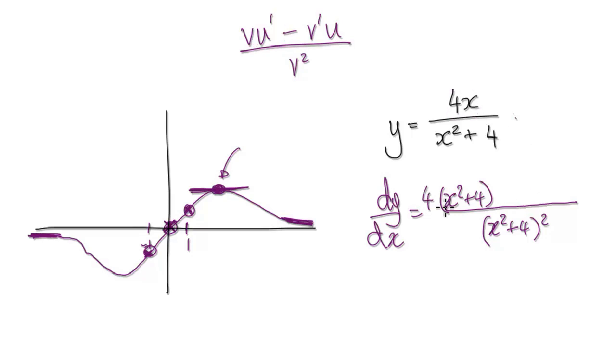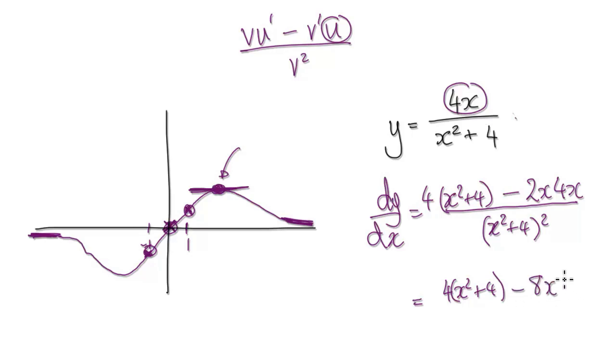Then minus v prime, so differentiate the v, which would be 2x, and then leave the u alone, for x. So if I were to tidy this up, it would be 4 times x squared plus 4 minus 8x squared over this thing here. So that would be our dy by dx.